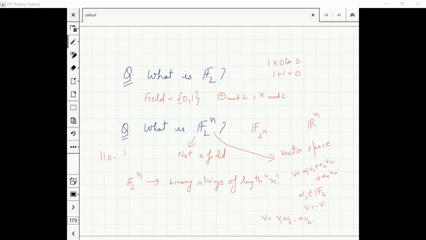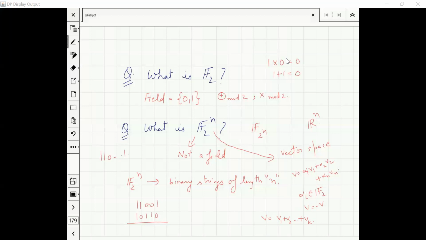And then how do I add up vectors in this vector space? What is the addition? Bitwise XOR.